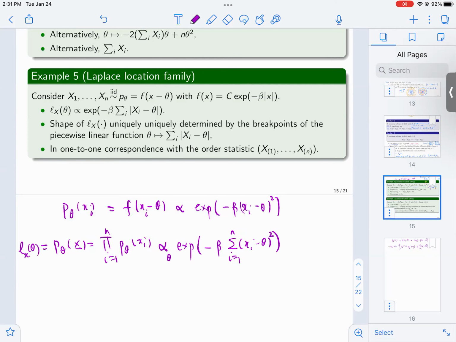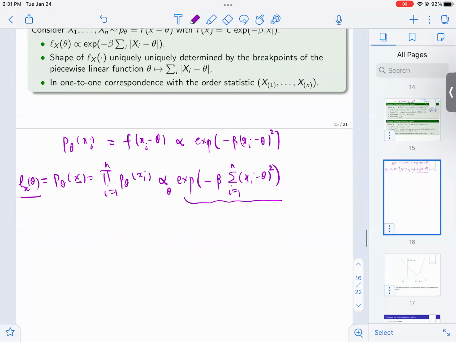L(x; theta). So that's my likelihood. L(x; theta) is equal to this, proportional to this. And then you do some expansion. You get this part would be xi squared minus 2 xi theta plus theta squared, right? And then I get the summation. And then you expand.